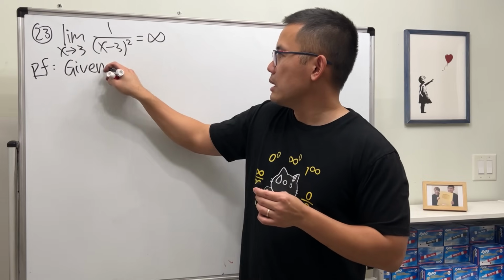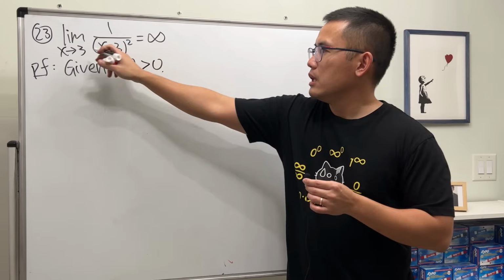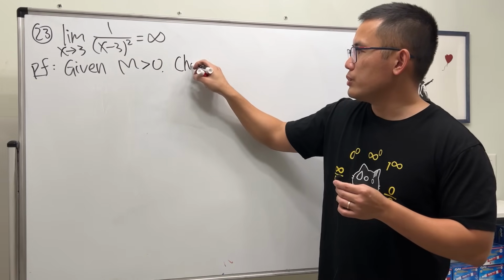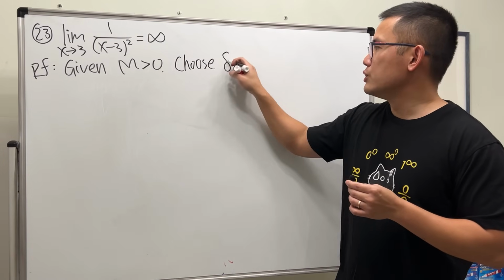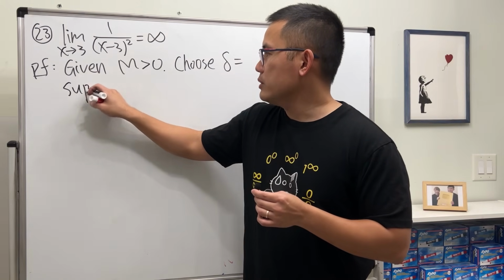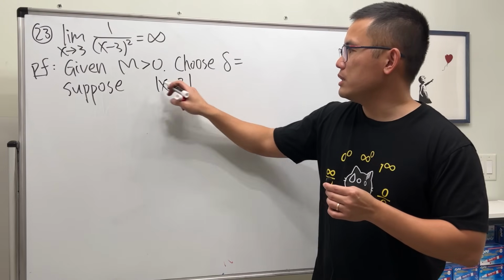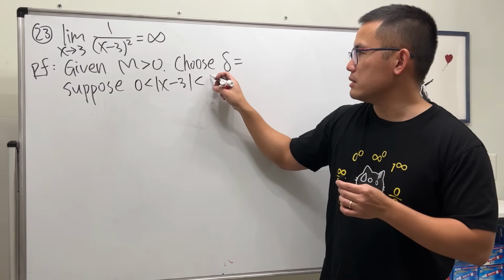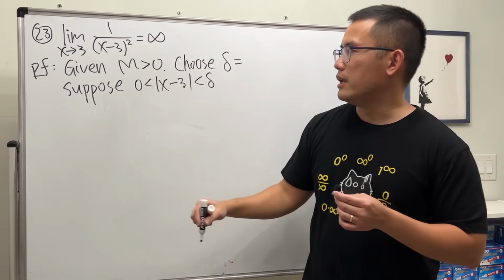Given big M, because we have the infinity, it's greater than 0. x is approaching 3, so choose what? Delta. Yes, you got it. Choose delta to be something. We don't know yet. Suppose the distance between x and 3 is between 0 and delta. Hopefully, we can show that it's bigger than M.